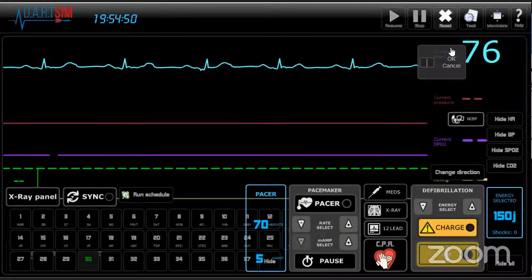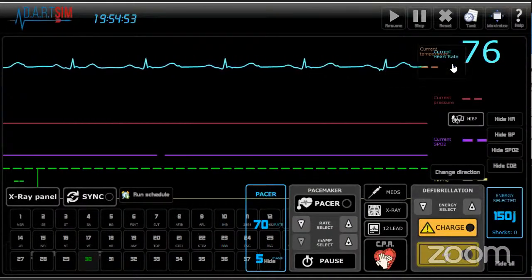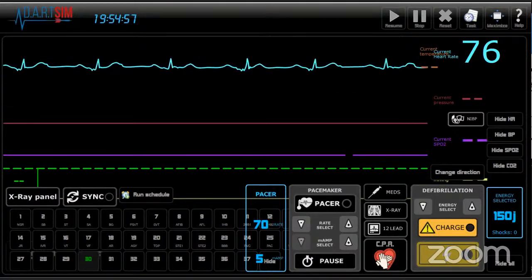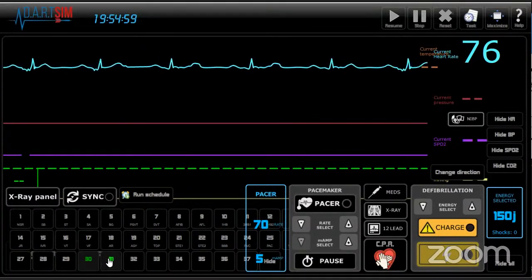Okay, so again, this patient looks to me like someone with a slow rhythm.